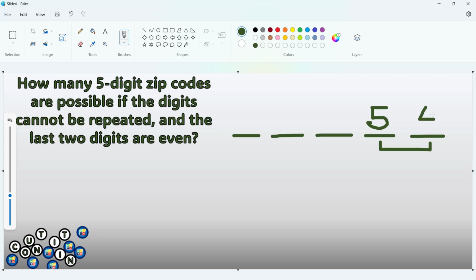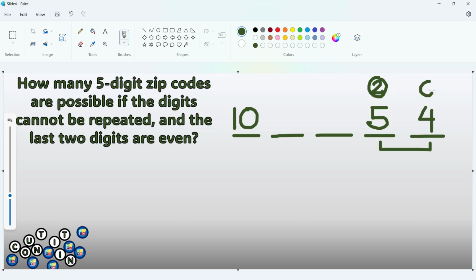Hence, we only have 4 possible digits here. Now, with this already in mind, we can use that idea in looking into the number of digits that can be used for the first digit here. It's no longer 10 as we used previously, because if we use, for example, 2 here, that means 2 can no longer be used for the last, so there will only be 4.